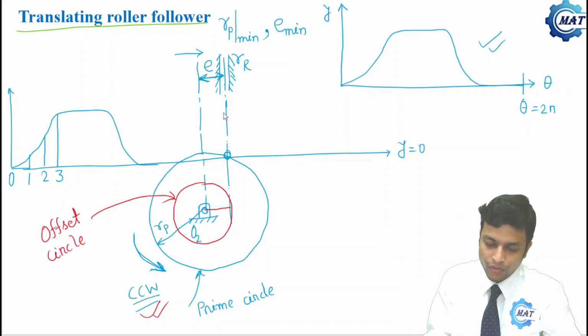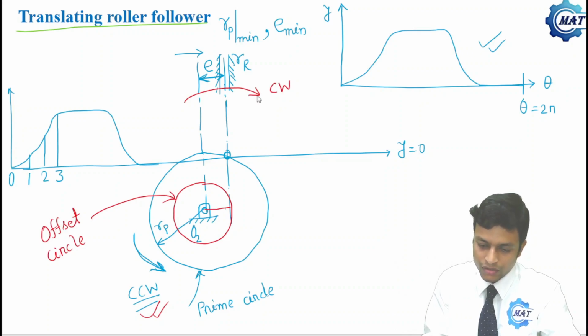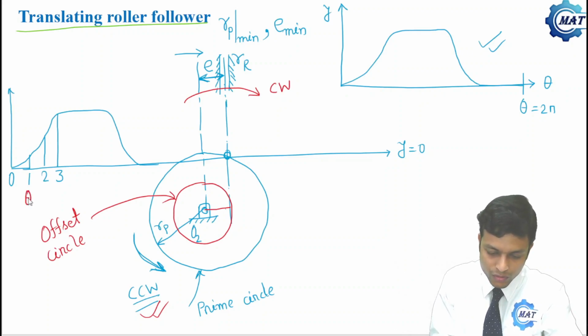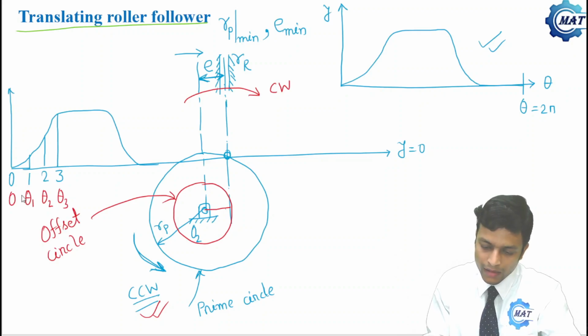We will rotate the follower axis with the same angular velocity of the cam in the clockwise direction. So if this is the corresponding theta 1, this is theta 2, this is theta 3 and this is 0, then we will rotate the follower axis by angle theta 1.